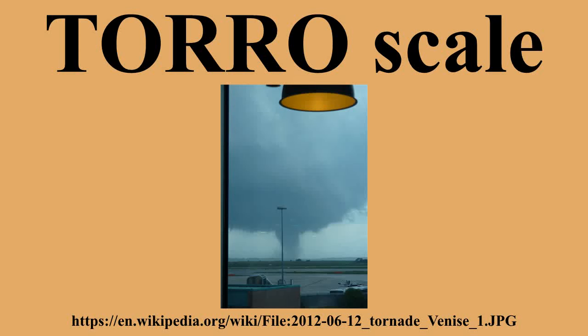TORRO scale formula. Most UK tornadoes are T6 or below, with the strongest known UK tornado being a T8.